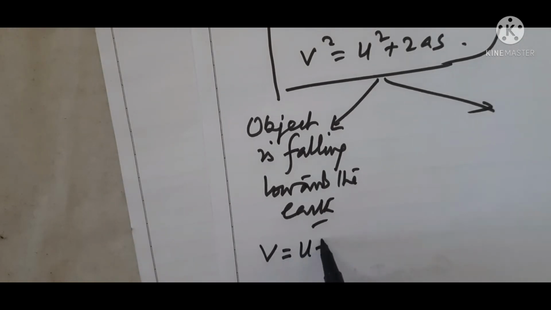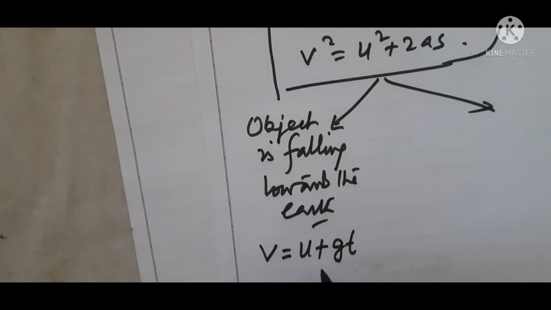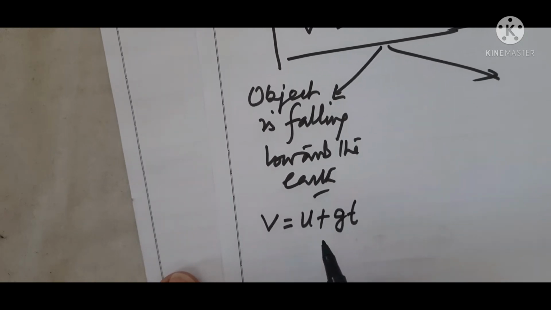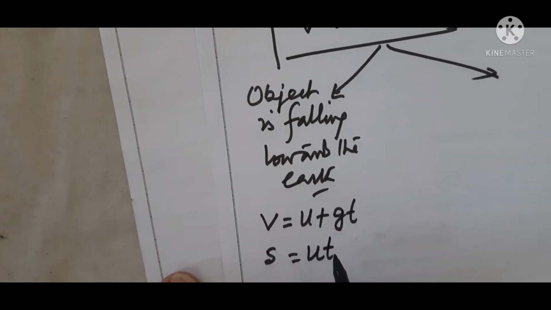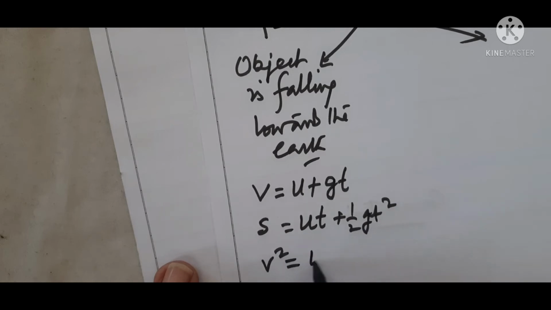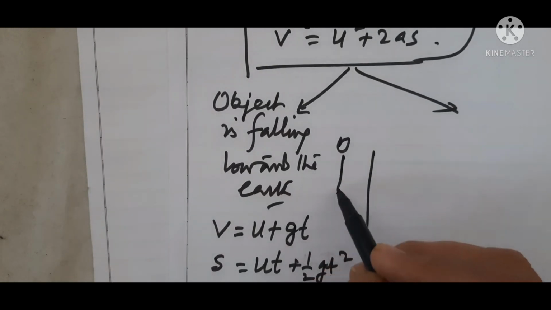V is equal to U plus G into T. As I told you, the object is falling towards the earth, so G is taken as positive, and A becomes G, the acceleration due to gravity. S is equal to UT plus half GT square. V square is equal to U square plus 2GS. Okay? This is when the object is falling towards the earth.